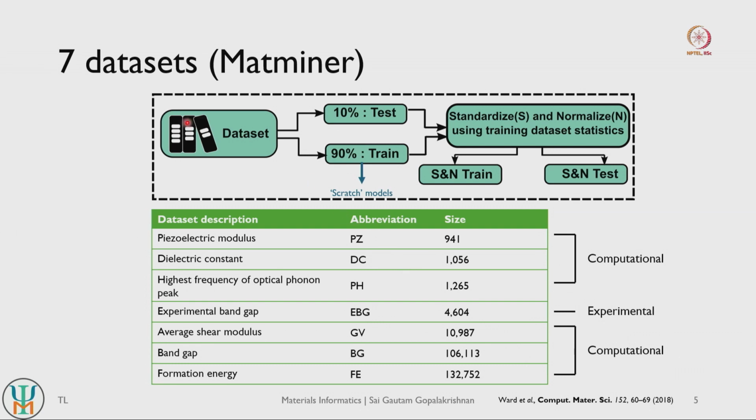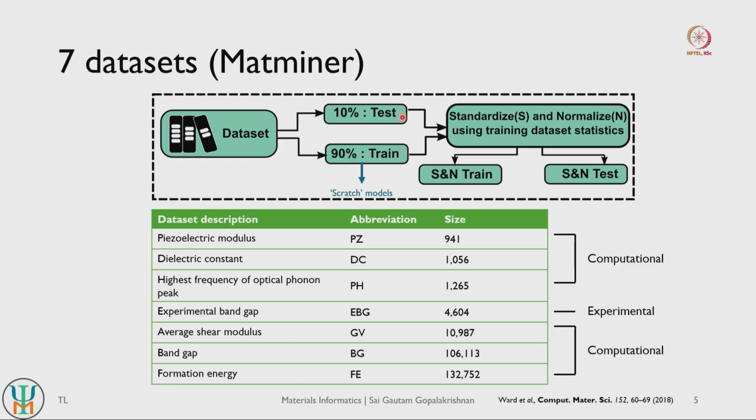So we considered all of these 7 data sets, and what we did was we split them into 90-10 ratios, so 90% for training and 10% for testing, and the training data set itself was also used for validation, for optimizing some of our hyperparameters.